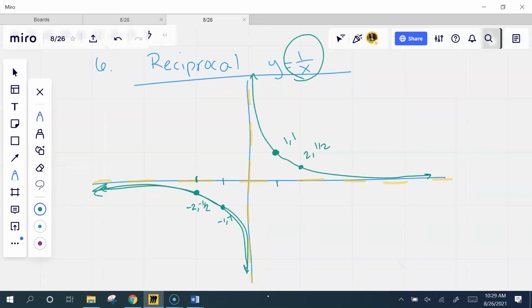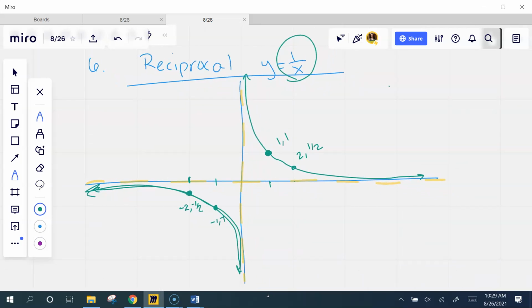What is the domain of this function? Negative infinity to 0, and 0 to infinity. How about the range?